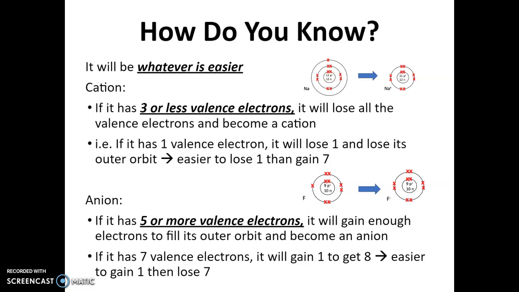If it's an anion, if it has 5 or more valence electrons, so typically we're talking about the nonmetals on the right-hand side of the table, then they are more likely to gain the electrons to get their electrons to 8, because it's just easier to do that, and that makes sense. So typically, those elements, metals on the left-hand side of the table will donate, and then nonmetals on the right-hand side, they will take electrons.